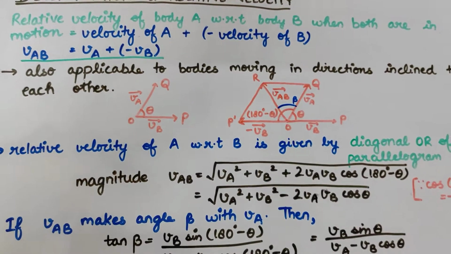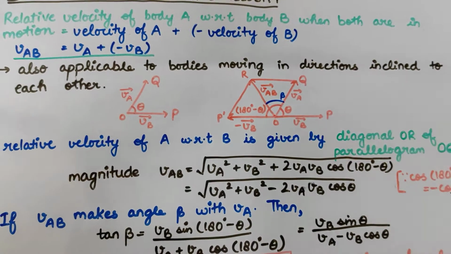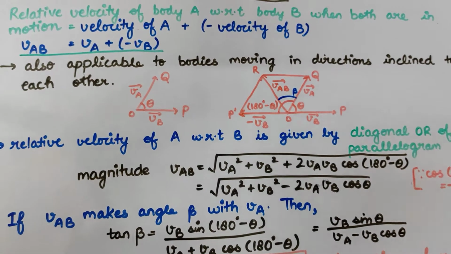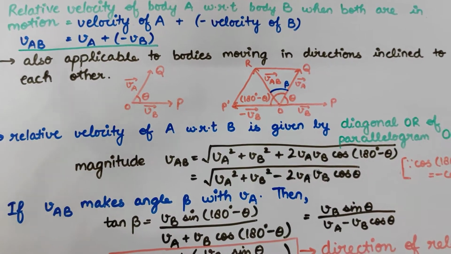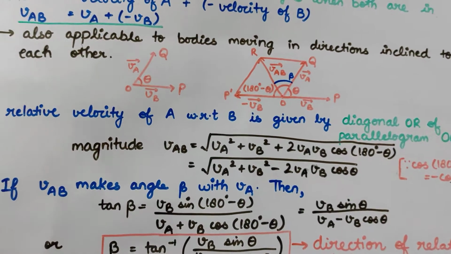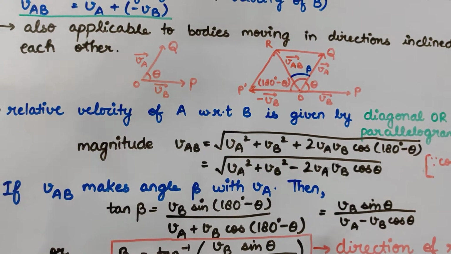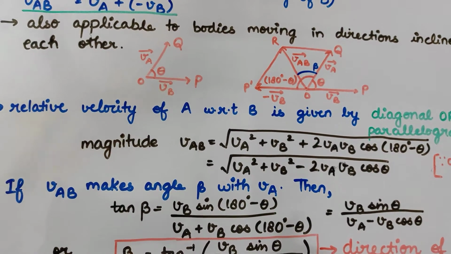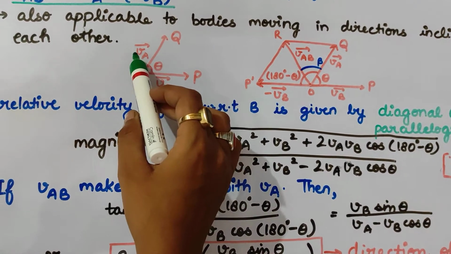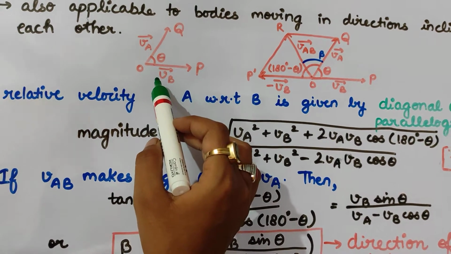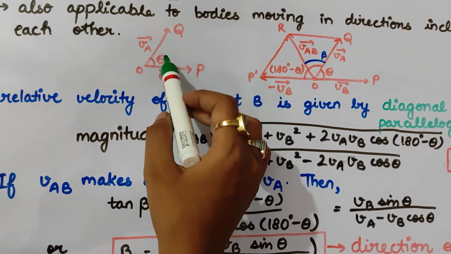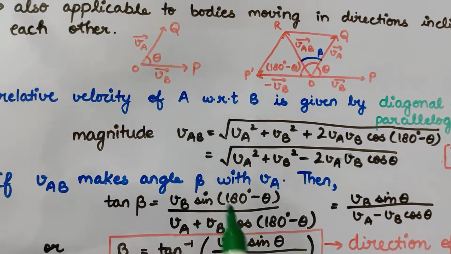If the two bodies are making some angle with each other, then this law is also applicable to those bodies. Fine. So now we will consider that two bodies A and B are moving with velocities VA and VB respectively, and they are making an angle theta with each other.